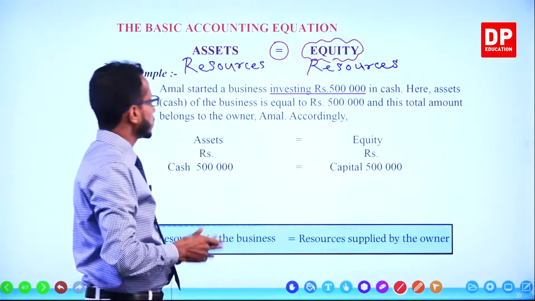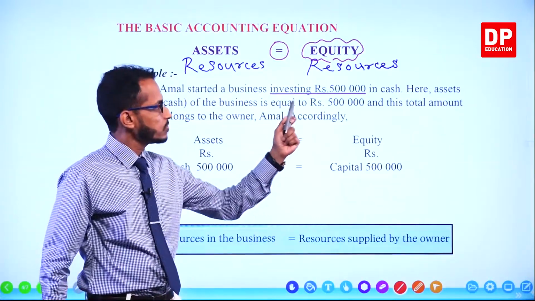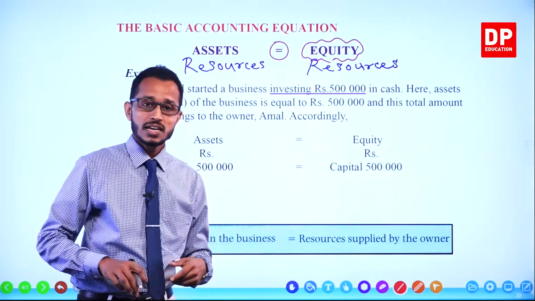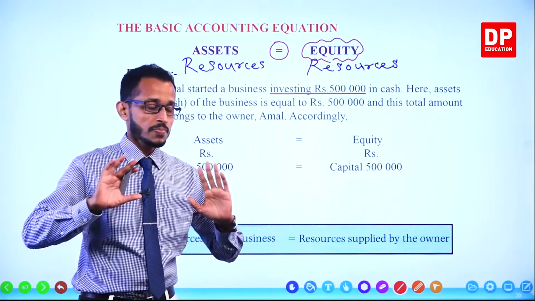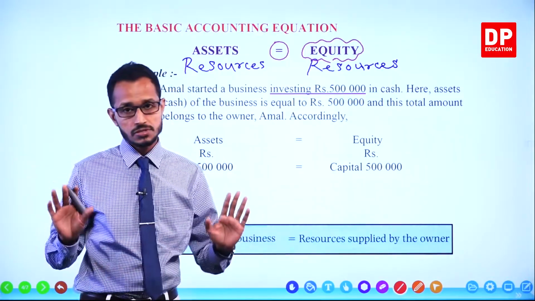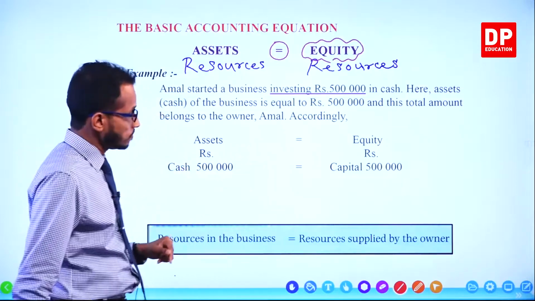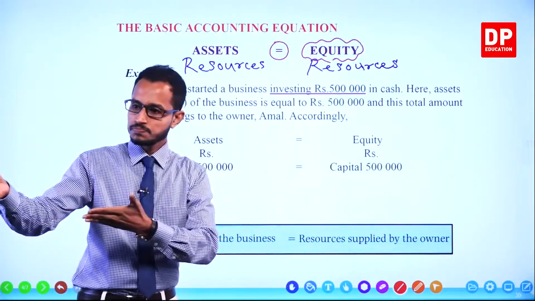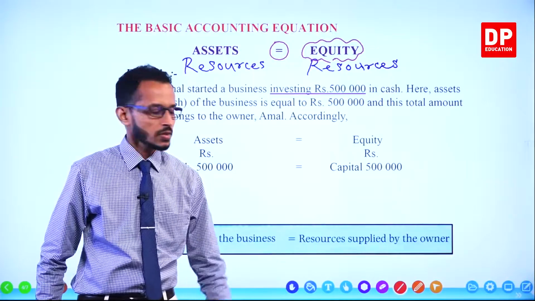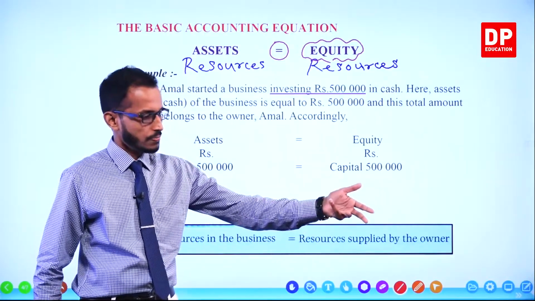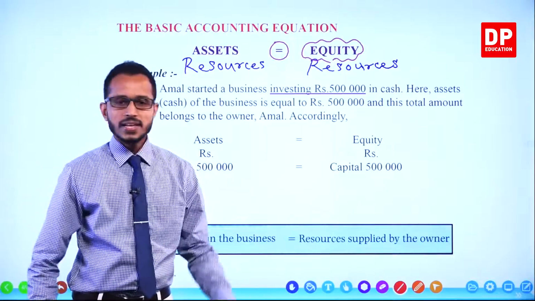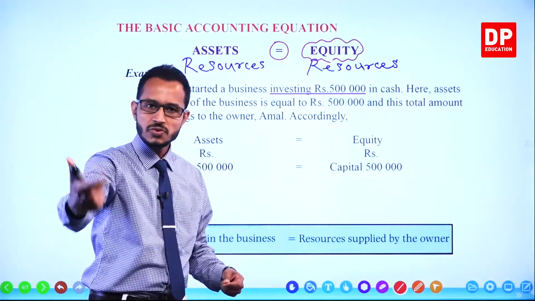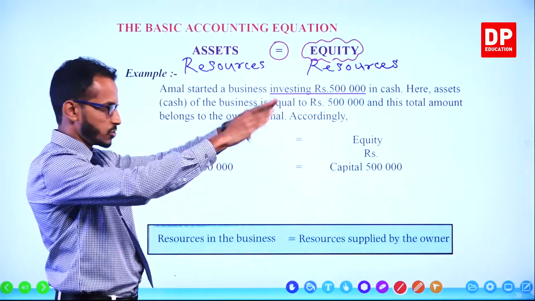Here, assets, the cash of the business, is equal to 500,000. Only that amount of cash is now existing in the business. Using that 500,000, Amal can start his business. He can maybe rent a building and pay the key money with this 500,000. Now he has a building, a shop.